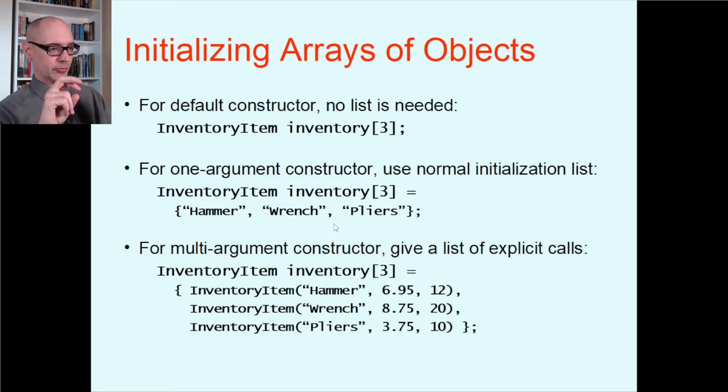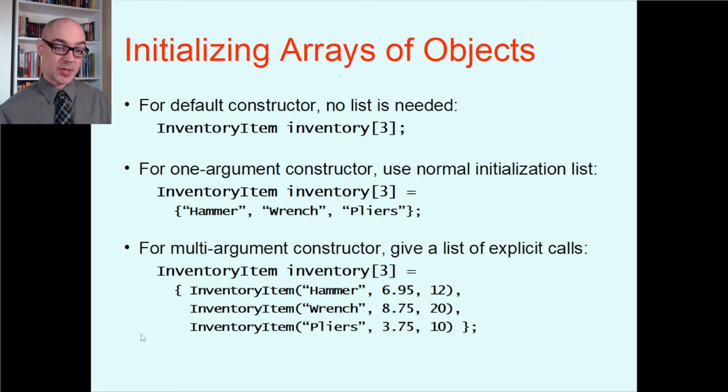So she's got a string hammer for the first one, string wrench for the second one, string pliers for the third one, and those 3 strings say, hey, you better call the constructor that just takes one string, and the first object gets hammer, and the second object gets wrench, and the third object gets pliers. But again, that only works for a constructor with just one argument at a time.